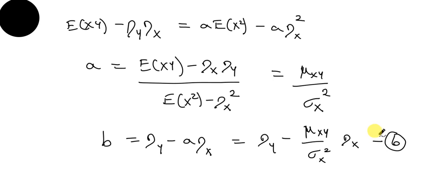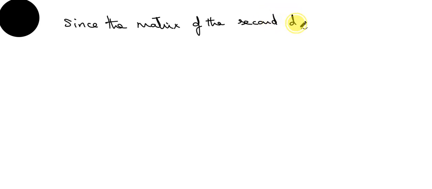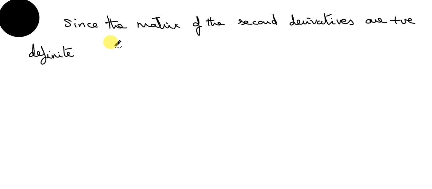Now the matrix of second derivatives is always positive definite by property. Let us make a mention of this: since the matrix of the second derivatives is positive definite, a and b will give minimum square error.